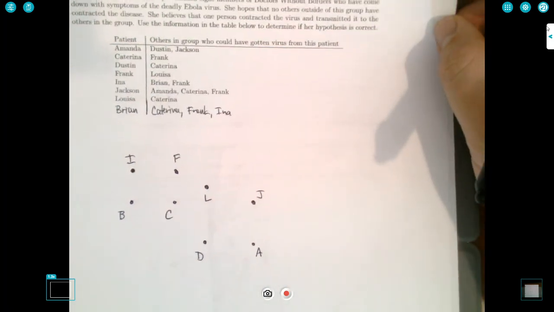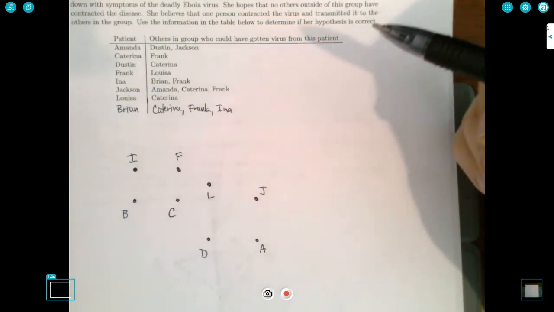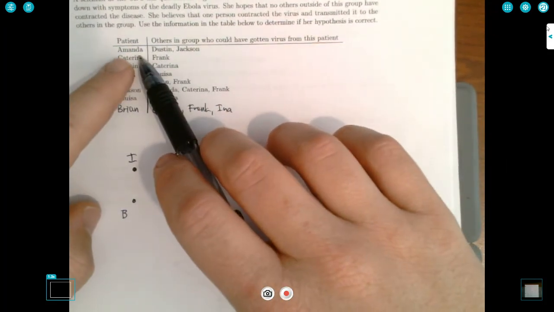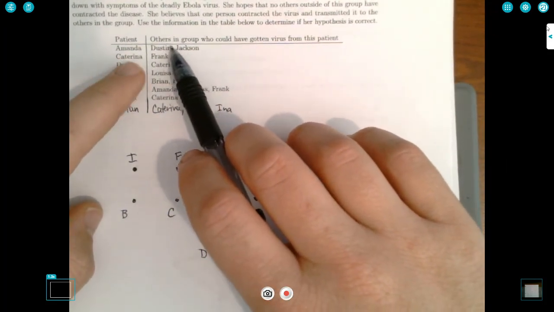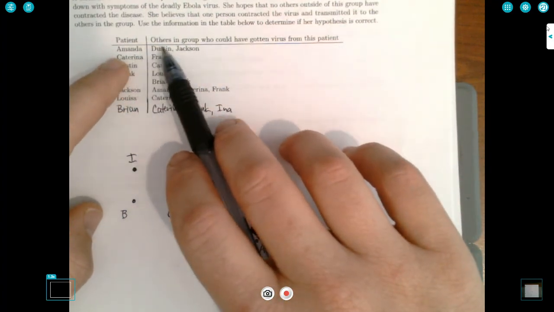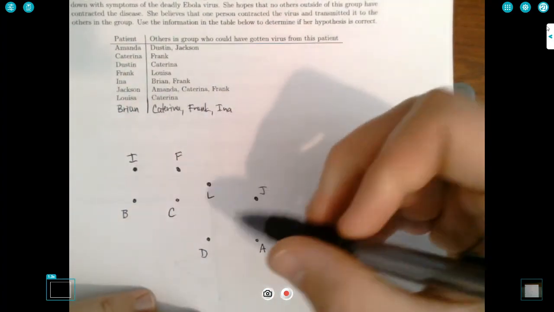And the connections are as follows. So Amanda could have given the virus to Dustin or Jackson.